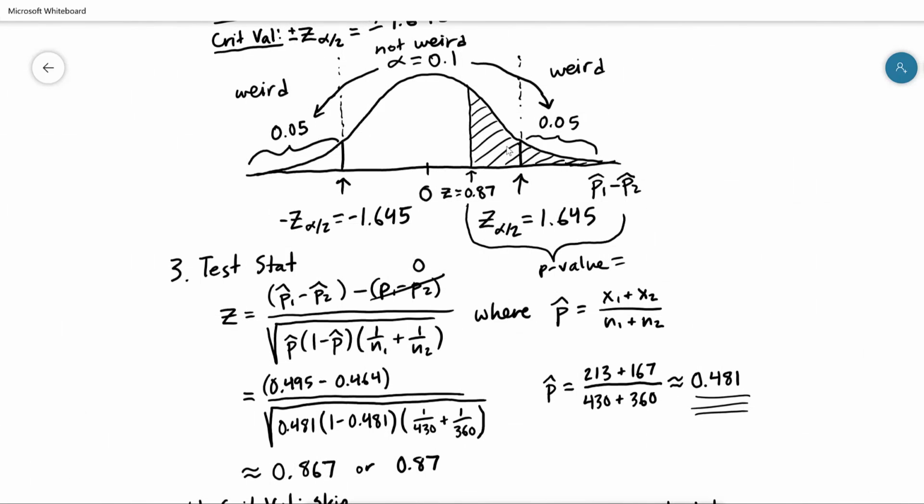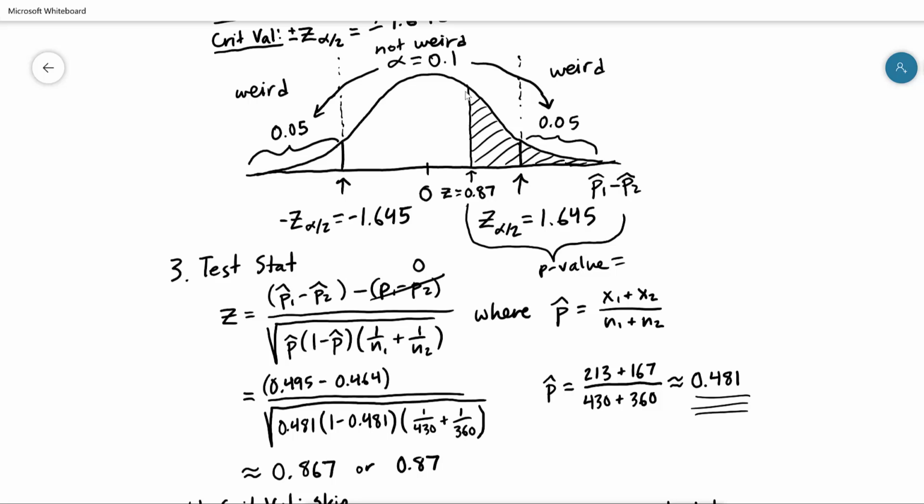I have two choices when we do this problem, and so let me explain. This is actually not quite the p-value. I've found the area associated with the right side, and it would only make sense if I compared this shaded region to this region that's in the one tail. It wouldn't make sense for me to compare this big region that I've just now shaded to this original value of alpha.